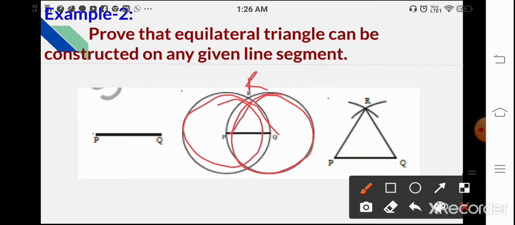QR is the radius of circle 2. These are the radii of these two circles. Hence, it is an equilateral triangle. In this equilateral triangle, all the sides are equal. You can observe it in the third picture, that is triangle PQR.